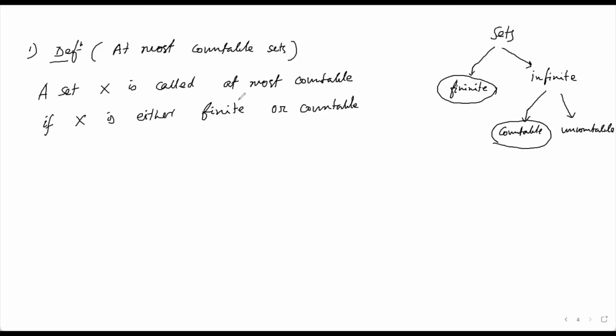That is, X is equivalent to N_n, or X is equivalent to the set of all naturals, where N_n is the set of natural numbers 1, 2 up to n.